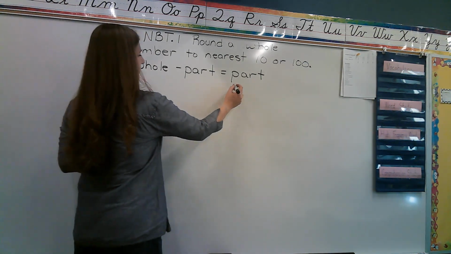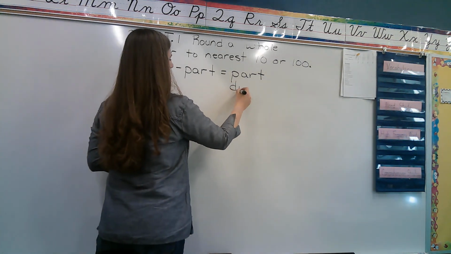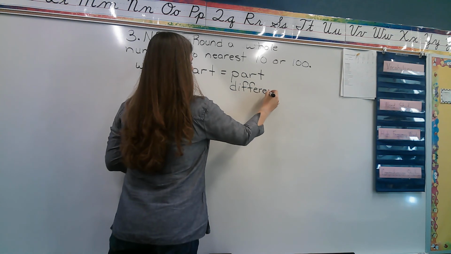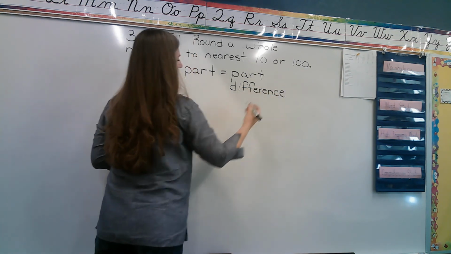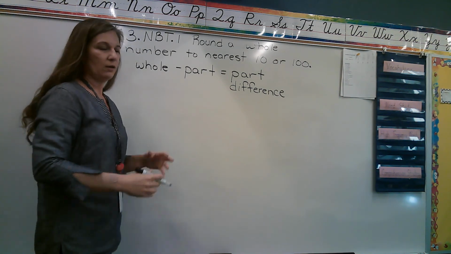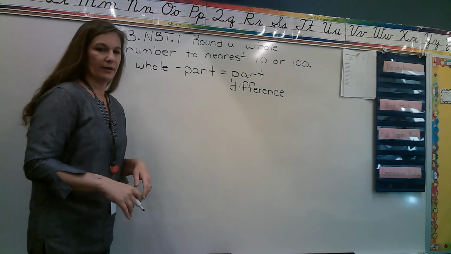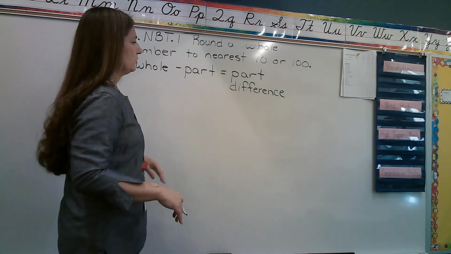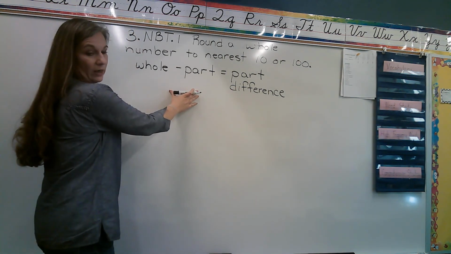This is our difference that we're trying to find, the difference. That's a vocabulary word that we should have in our lexicon. What we call our lexicon is our vocabulary. So in our vocabulary, we want to have the difference to a subtraction equation.